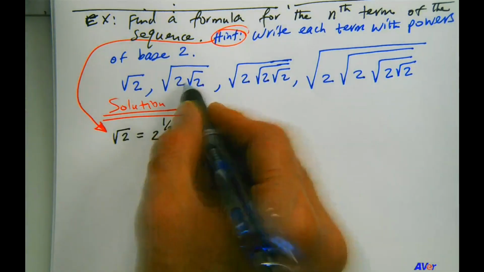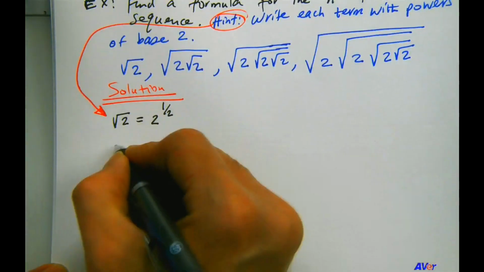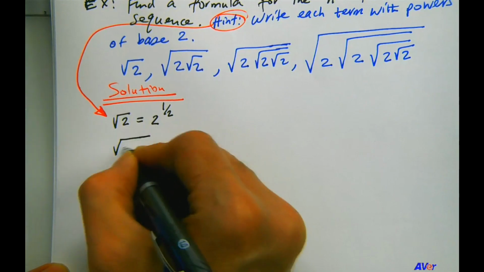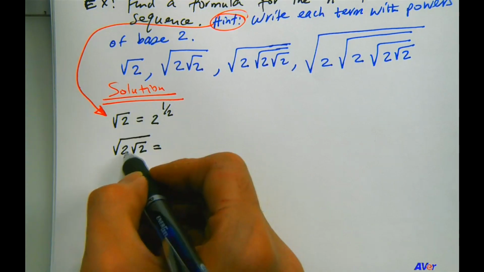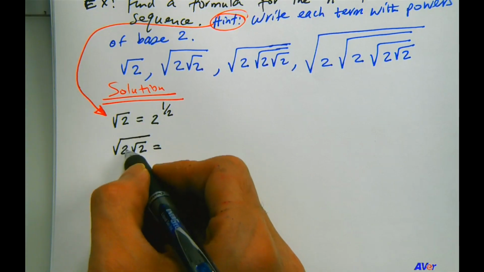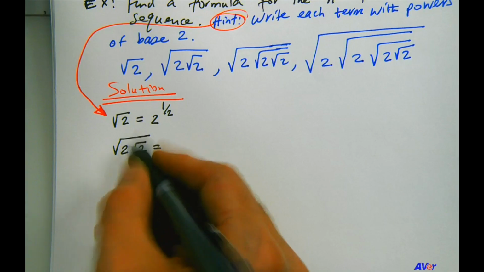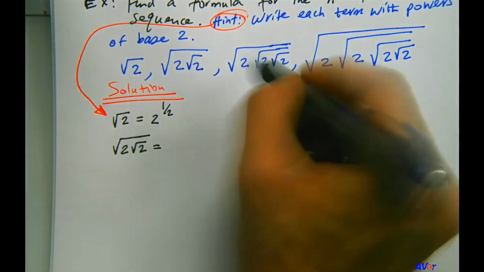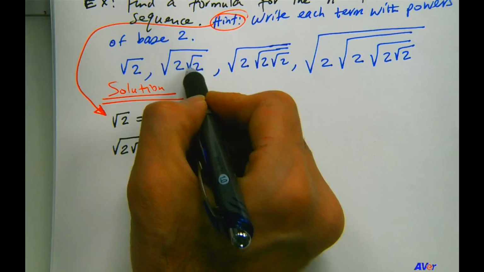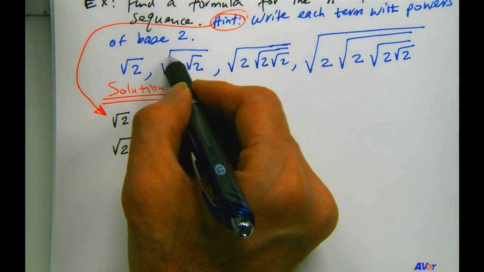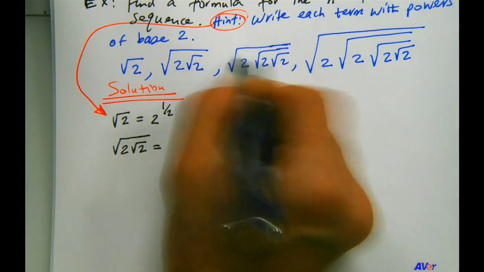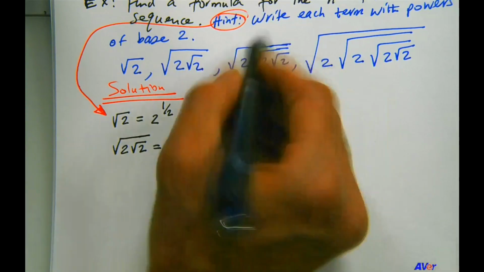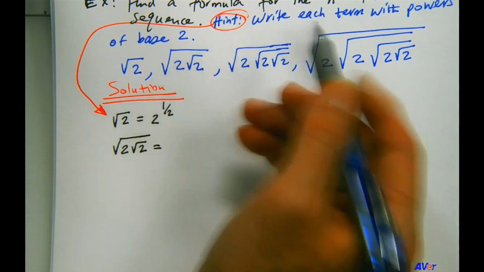So what about this one? Well, that one will be square root of 2 square root of 2. This is simply 2 to the 1/2 power. And every time you embed another radical expression within another radical expression in this multiplication form, you are multiplying their rational powers.